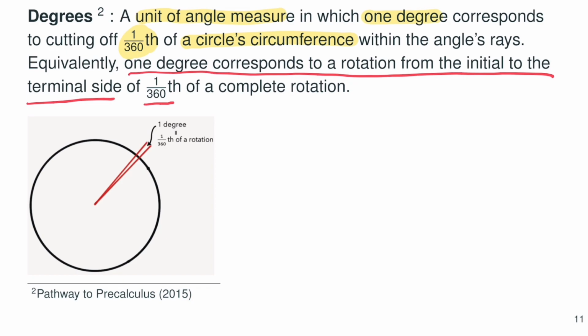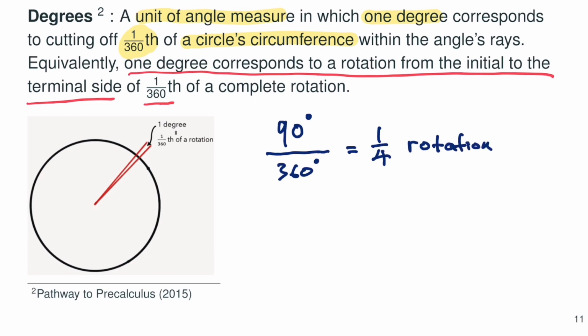And we can also think in terms of rotation. So if I have, for example, 90 degrees, 90 over 360 gives us 1 over 4, which is 1 over 4 of a rotation.